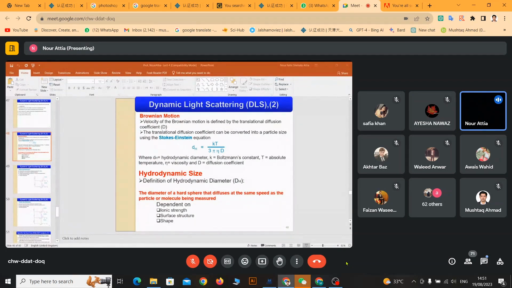DLS measures using the velocity of Brownian motion, and it gives the hydrodynamic size. If you prepared silver nanoparticles and used some polymer or plant extract as a capping and reducing agent, then as we explained during the last 3 days, the capping agent makes a round shell around the silver nanoparticles.